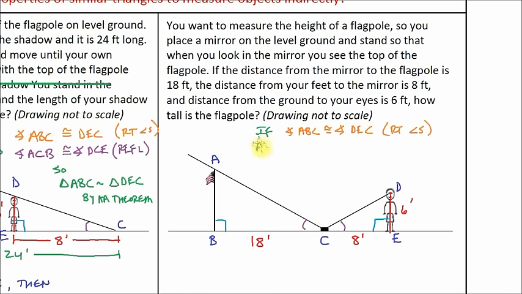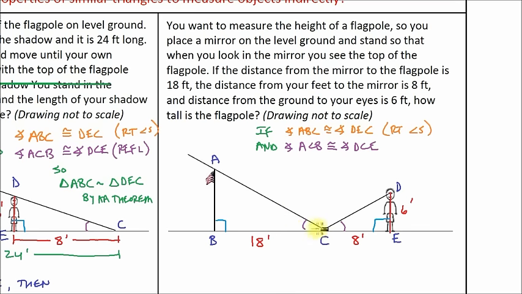Now I'm going to go ahead and write this, and let's say angle AC, oops, I started writing B, angle ACB is congruent to angle DCE. Those are these two angles.